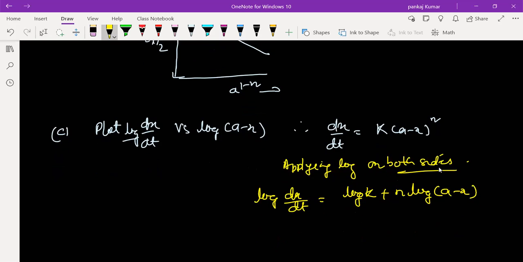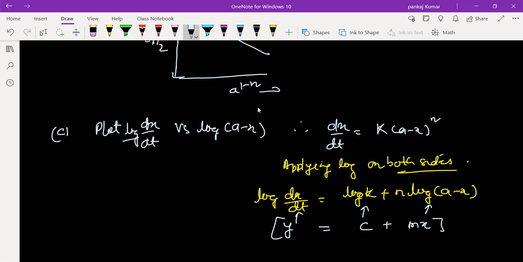So we can see clearly, this is your y equal to mx plus c. This is your y, log k is your intercept, so c plus m into x. So we can compare.